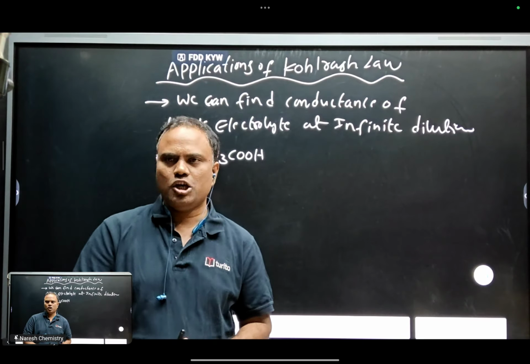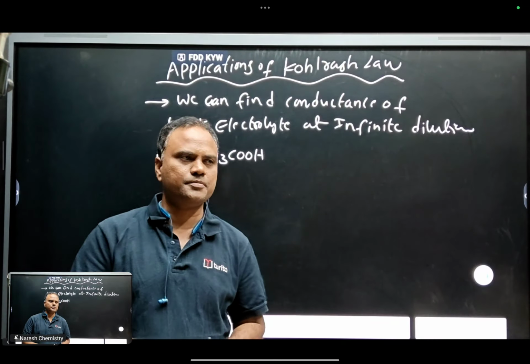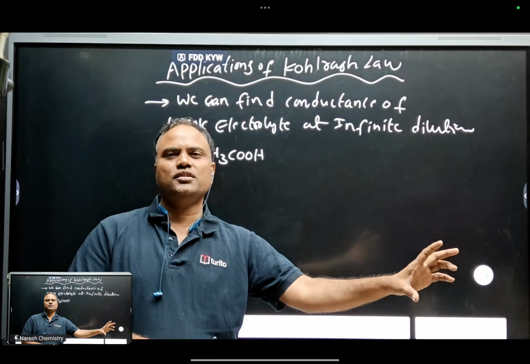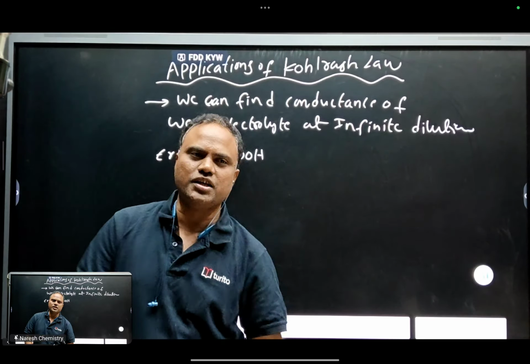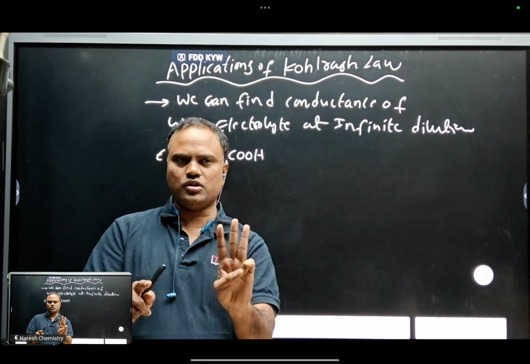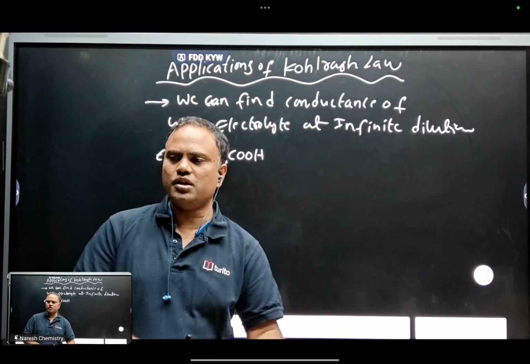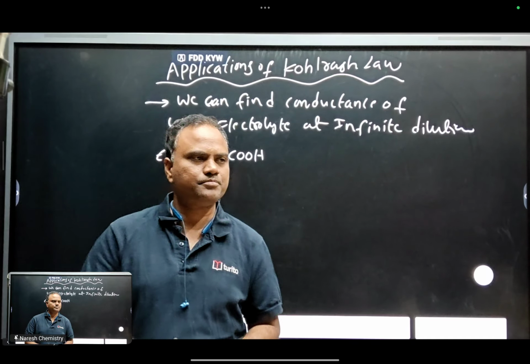One simple trick: you will get conductance values of three strong electrolytes, and if you calculate the conductance of the X electrolyte, that will be a weak electrolyte only. Based on the conductances of the three strong electrolytes, you can find the conductance of the weak electrolyte.